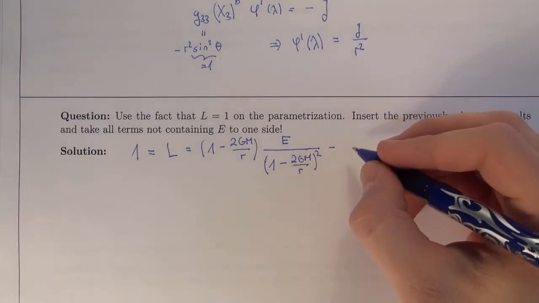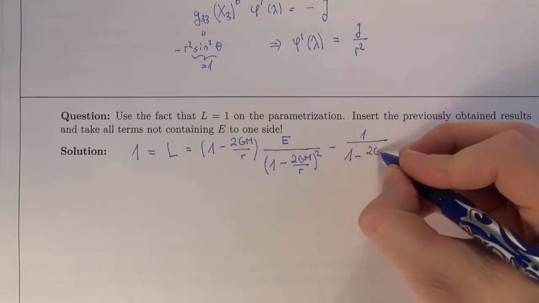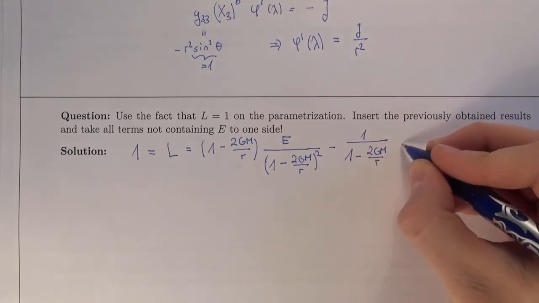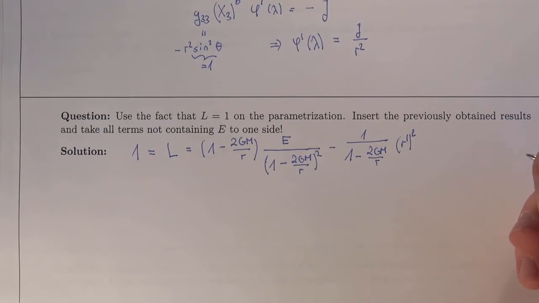We get a minus sign, 1 divided by (1 - 2GM/r) times r prime squared.